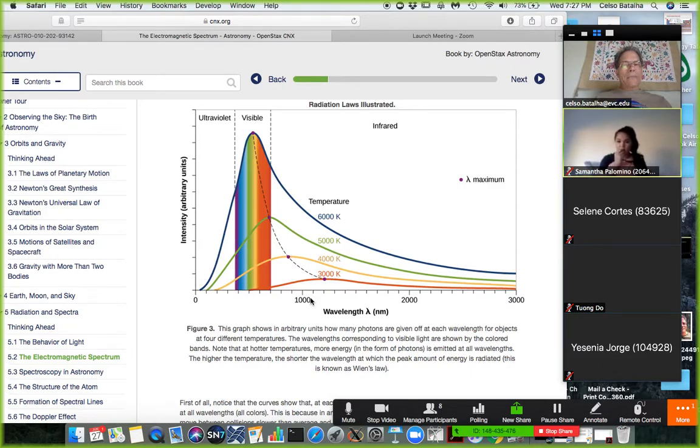And what is a black body? A black body is an object that is able to absorb energy or electromagnetic radiation in all possible frequencies. But once it absorbs this energy, it sends that out in all possible frequencies. So it's spread out in all possible colors, if you will.